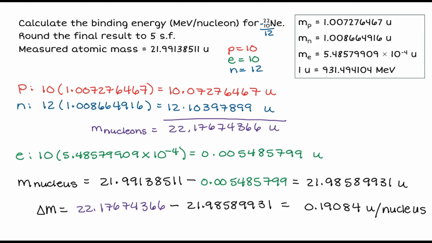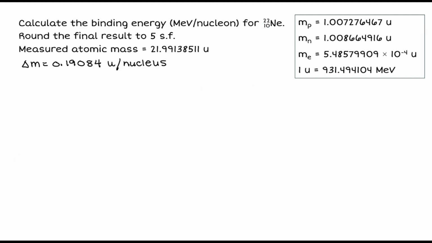The next parts are a little bit easier. So now we're going to take our mass defect, apply the conversion, and that will give us binding energy per nucleus. I do strongly recommend that you write this all out, conversion factors, units, everything, so that way units cancel and it's just one additional check as you're doing these calculations. So for binding energy, start with my delta M, 0.19084 u per nucleus.